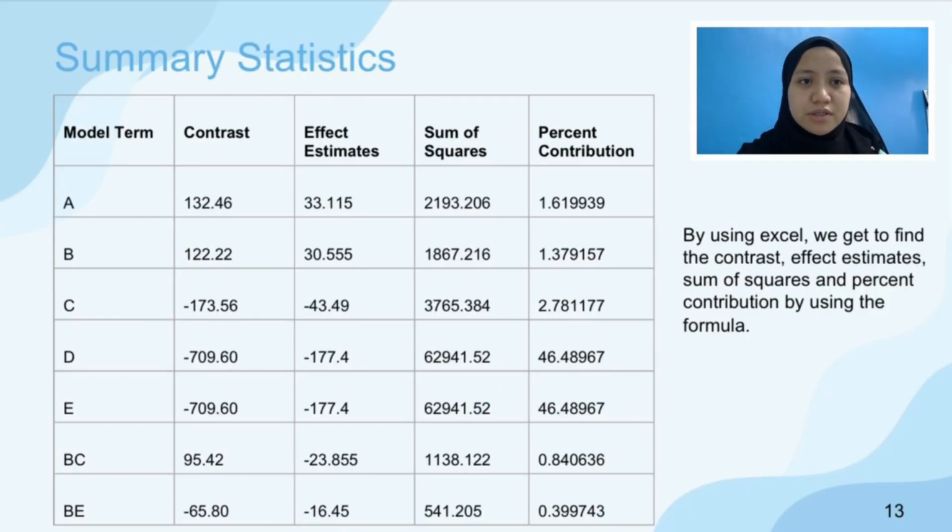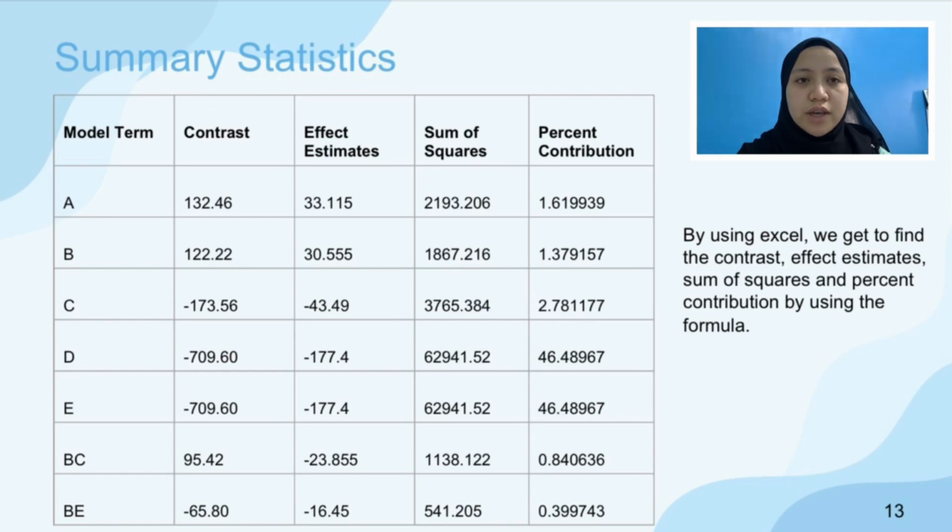The summary statistics for this experiment, we have model term A, B, C, D, E, BC, and BE, and we also have the contrast, effect estimates, sum of squares, and also the percent contribution.